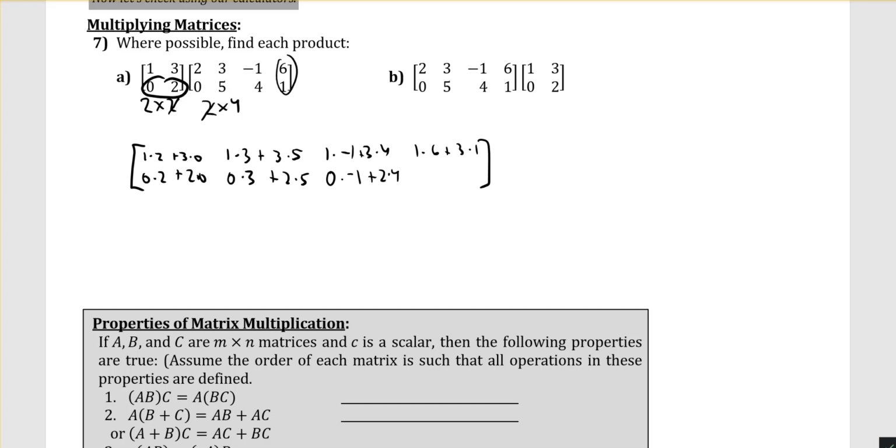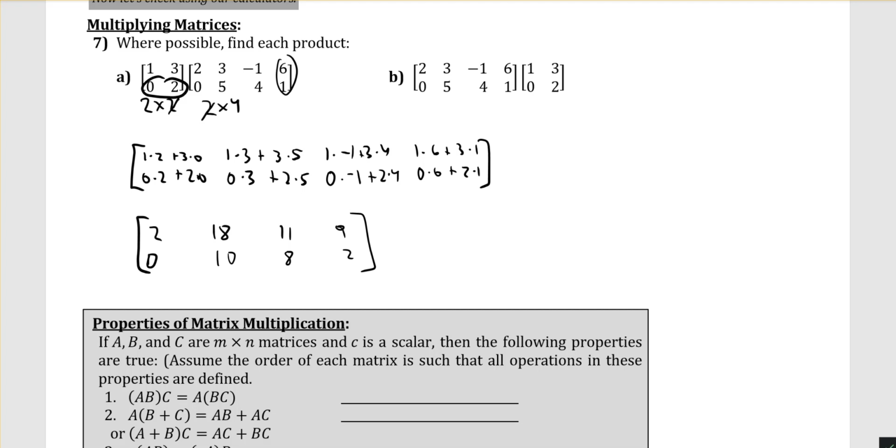Finally, 0 times 6 plus 2 times 1. So we end up with 2, and then 18, and then negative 1 plus 12 is 11, 6 plus 3 is 9. For the second row, that's 0, and I get 10, and then I get 8, and then I get 2.